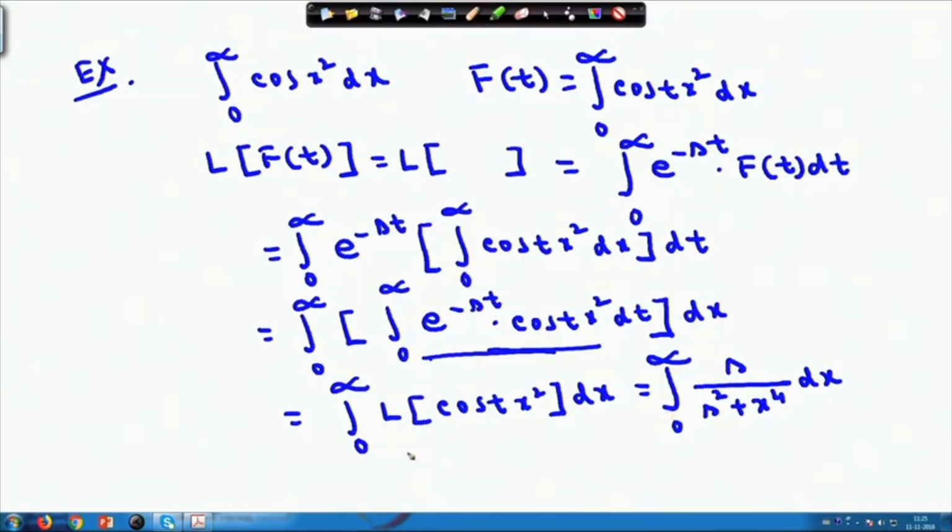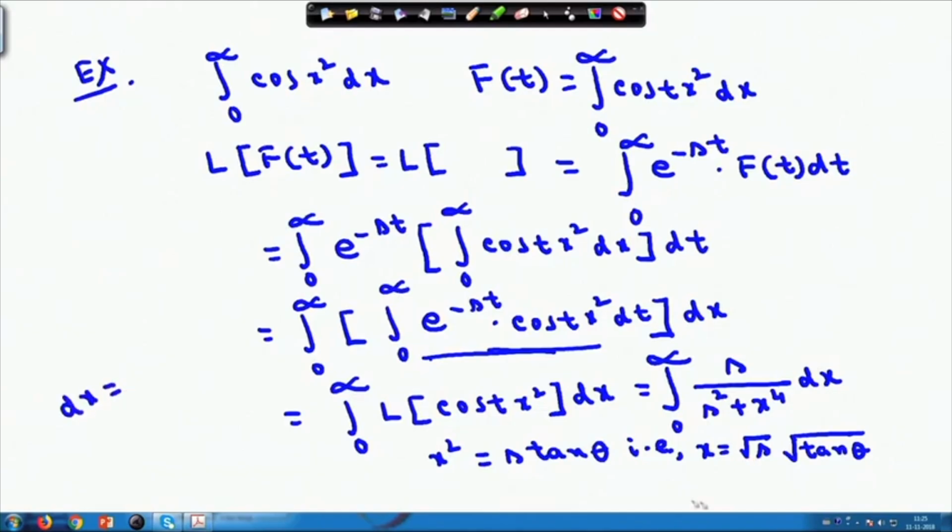Let us substitute x square equals s tan theta, that is, x equals root s into tan theta. So on this I am using x square equals s tan theta, that is x equals root s into tan theta, so that you can find out your dx from here.